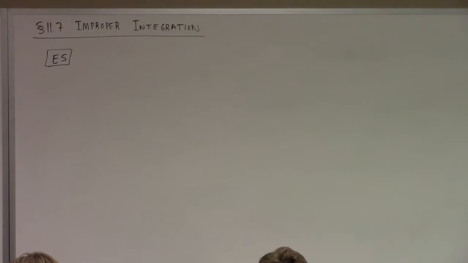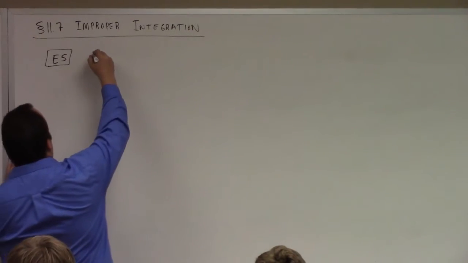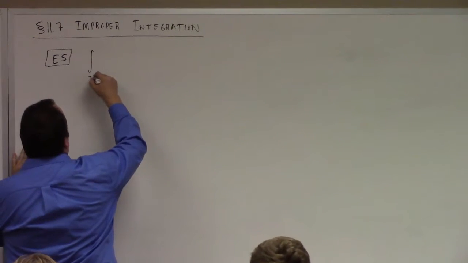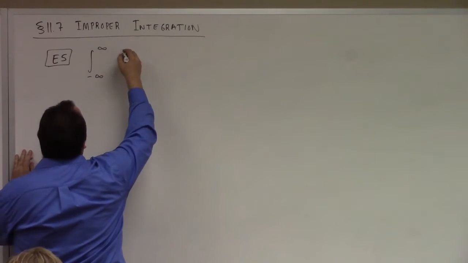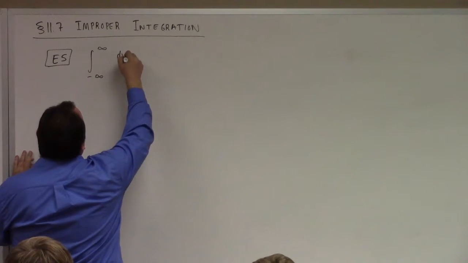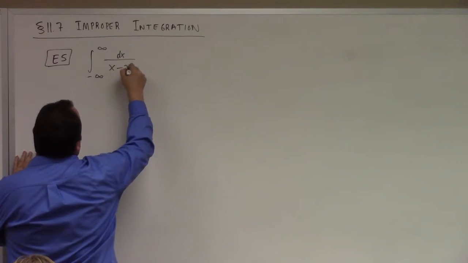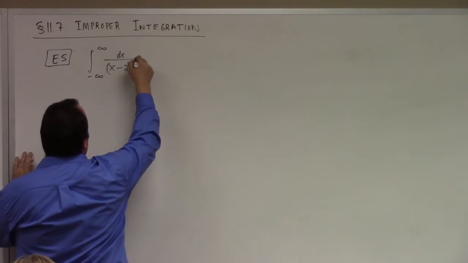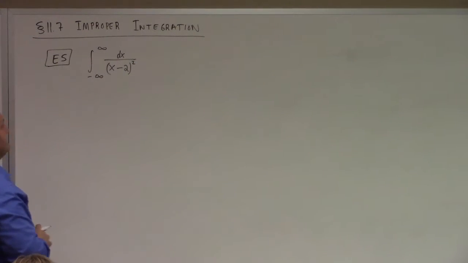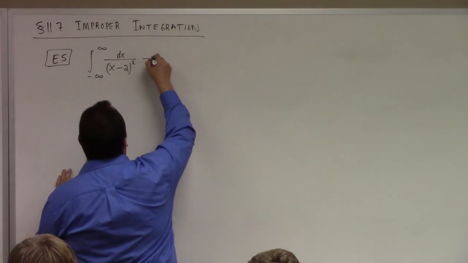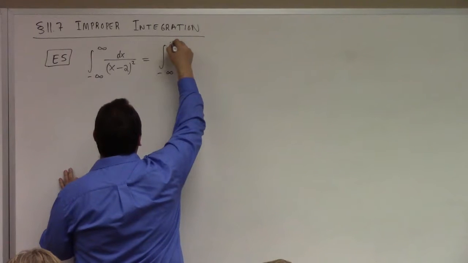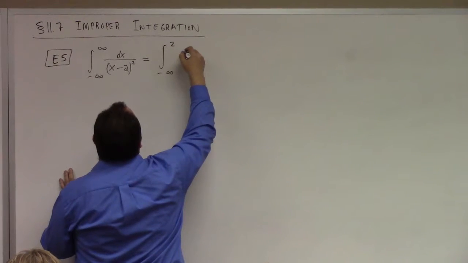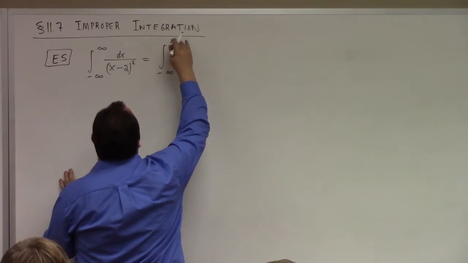Okay, so how about this? The integral from minus infinity to infinity of, I don't know, dx over (x minus 2) squared. See, this requires some care, because I really need to break this up into pieces.